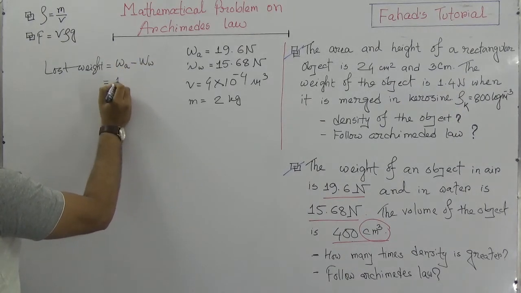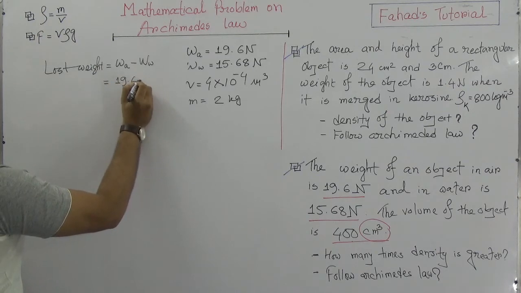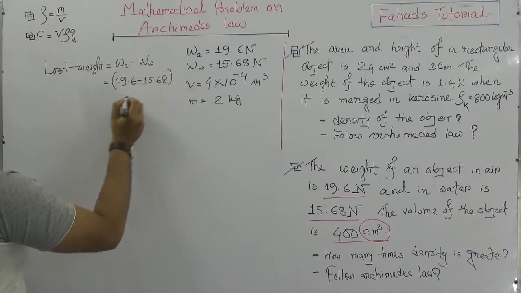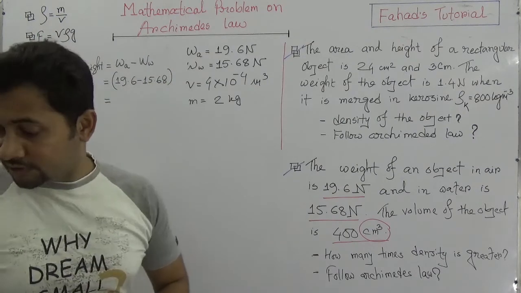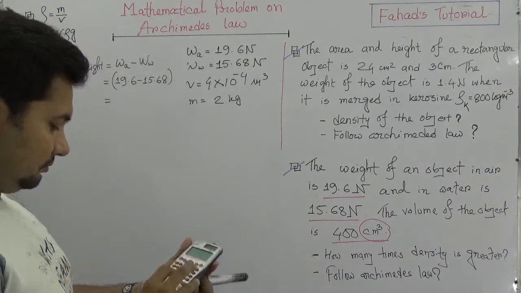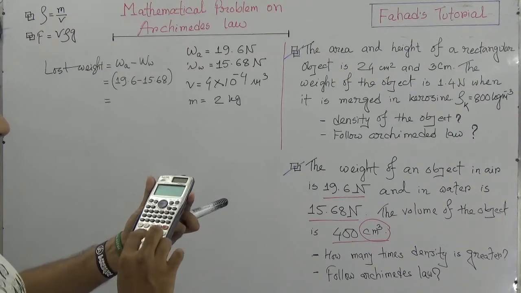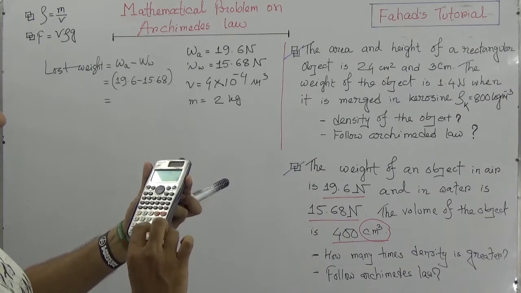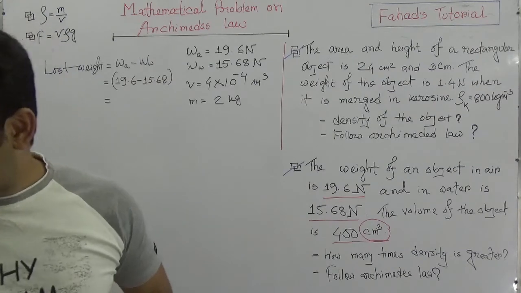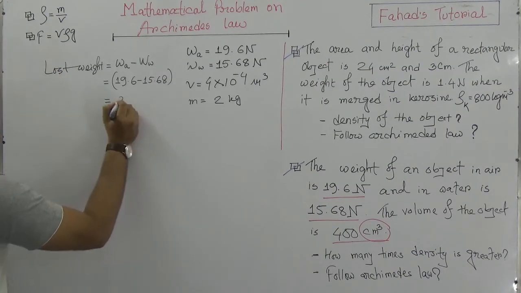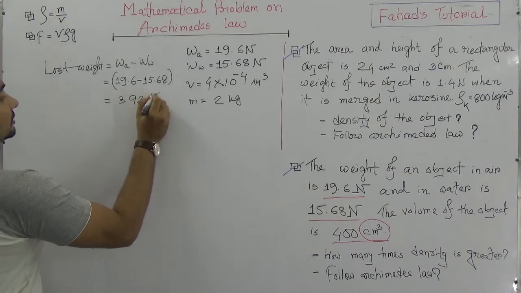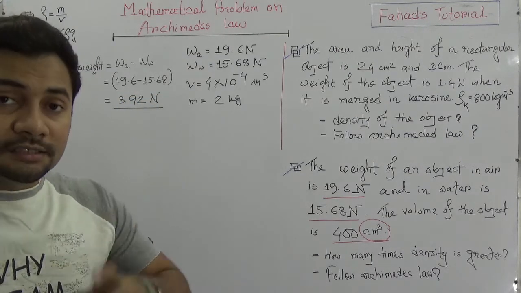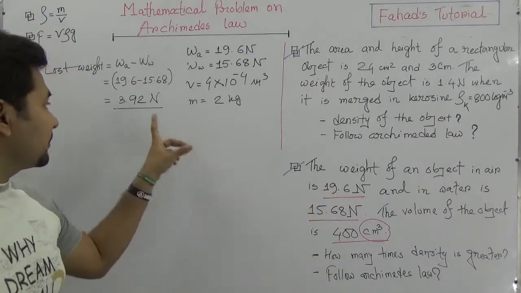So 19.6 minus 15.68, this amount of Newton it lost, which is 3.92 Newton. This amount of weight it lost when it was immersed into the water.